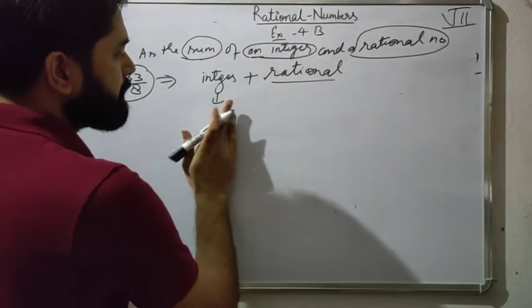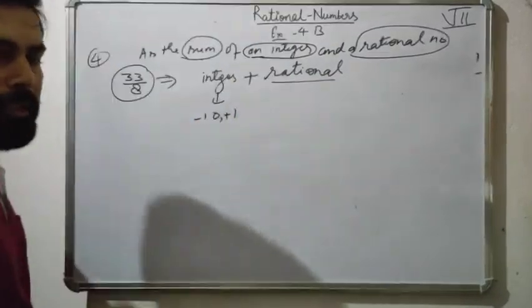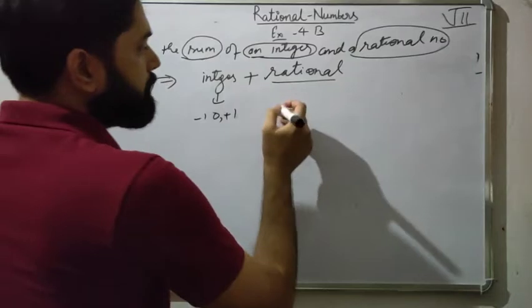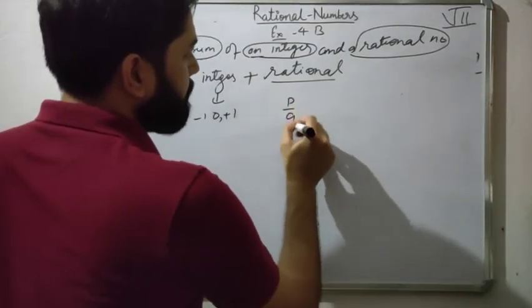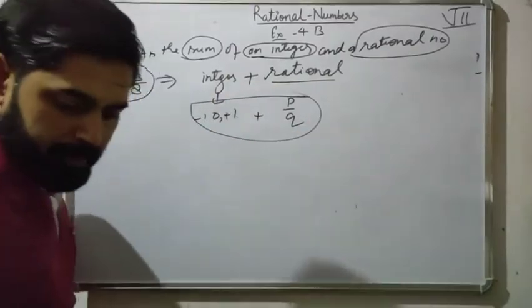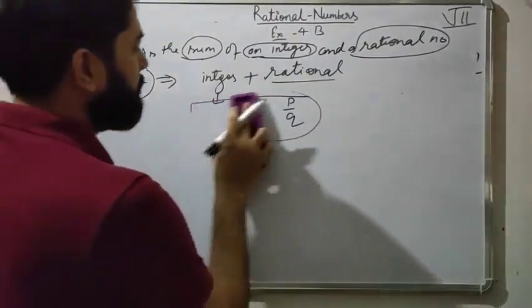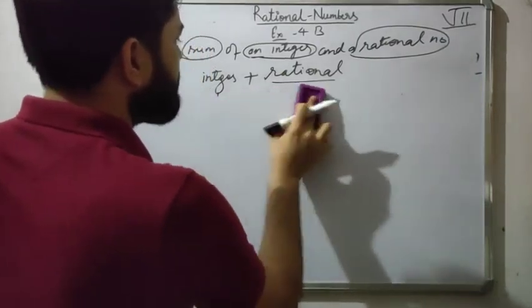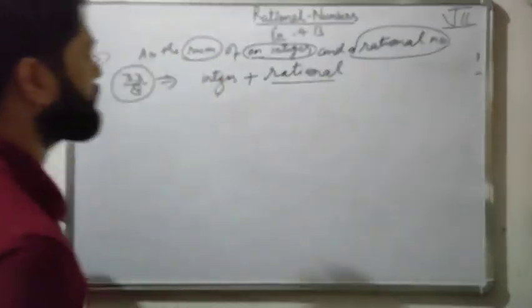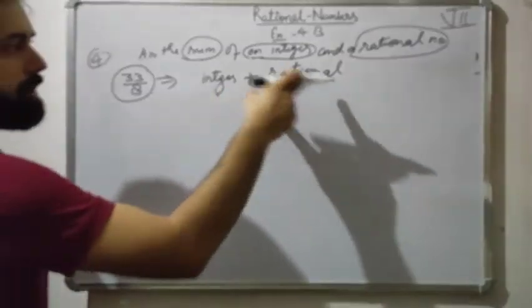Integer means positive number भी हो सकता है और negative number भी हो सकता है. Rational number, which number we can write in the form of p upon q, means आपको इस form में write करना है इस number को. So how can we write this number in this form? We have a method, and this is very easy. Don't think it's tough. Integer plus rational number means इस number को break करो और इस form में write कर दो.